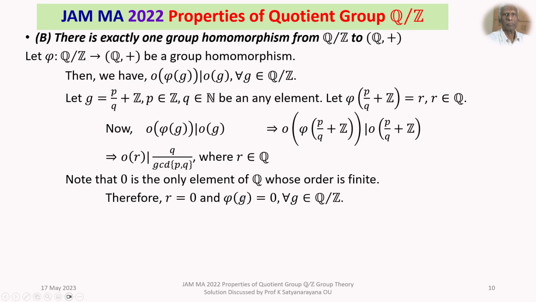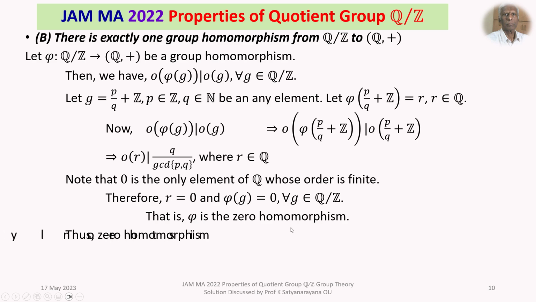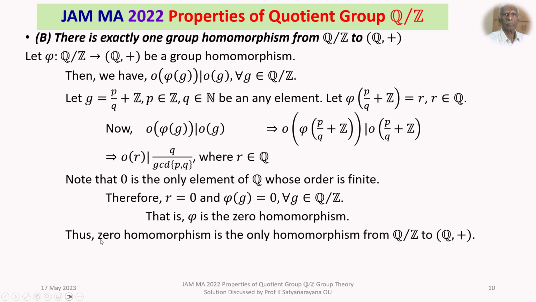So phi of G is 0 for all G belonging to Q by Z. That means phi is the zero homomorphism, sending every element of Q by Z to the 0 element of Q. So there is only the trivial homomorphism, the zero homomorphism, from Q by Z to Q plus. It's a very good result and a good proof. Thus, option B is true.